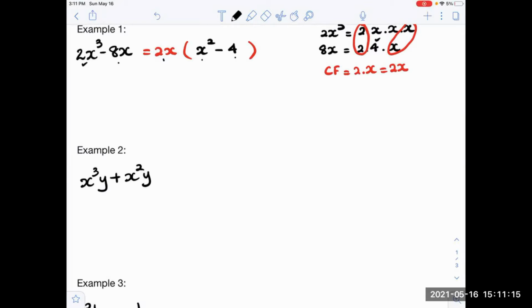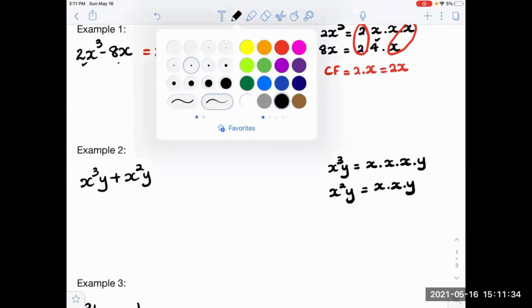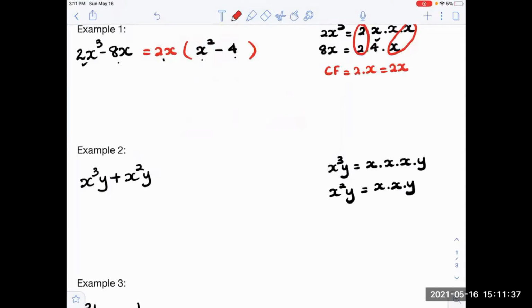We will attempt to write the first term as the product of factors. x cubed y is x by x by x by y. x squared is x by x by y. We will identify the common factors. x is found in both terms and y is also found in both terms.